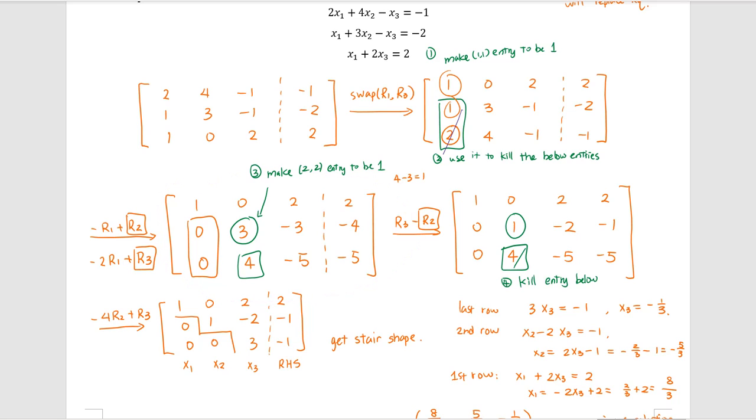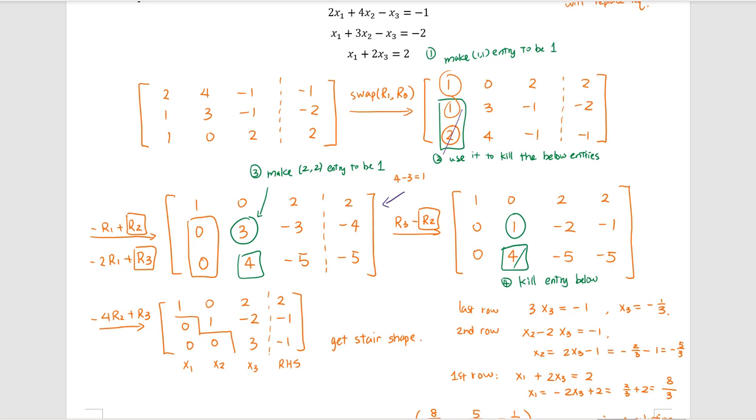So sometimes students want to create a 1 here, they want to use the first row. Don't touch the first row, because if you touch the first row, you will create a non-zero entry in the 2-1 entry. So once you use the first row to clear the entries below it, don't touch the first row.